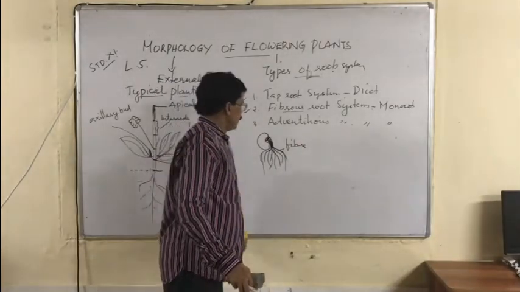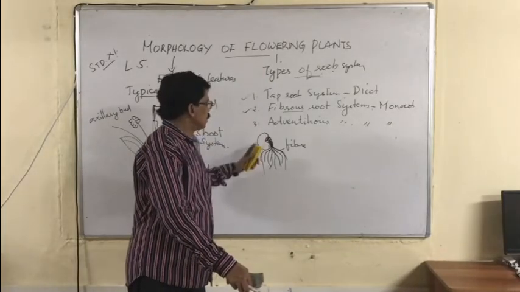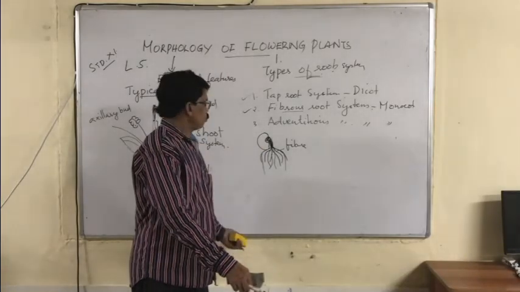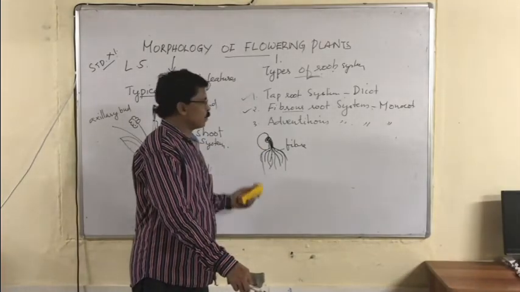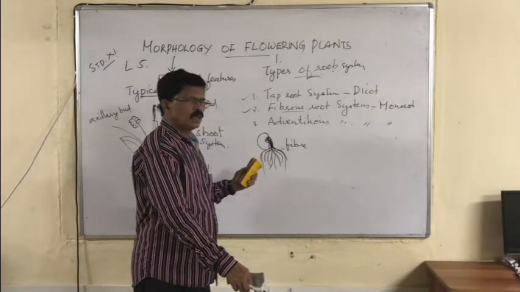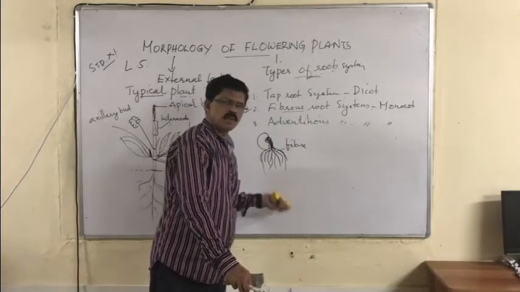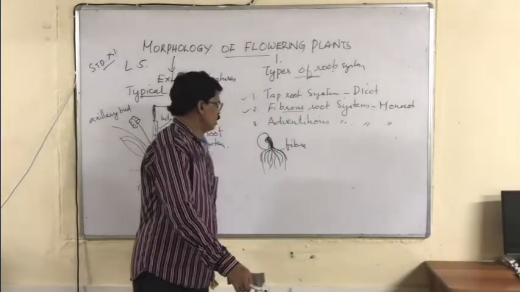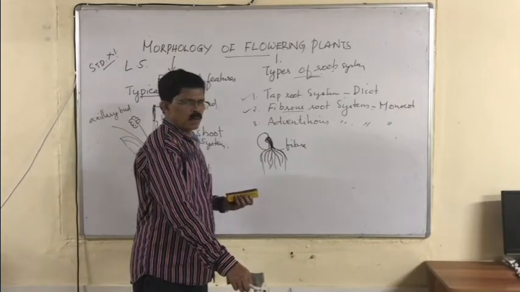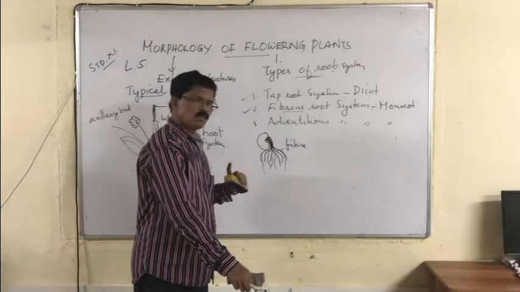So in monocots like grasses, the radicle stops growth. Now, from the root tip, what happens? A number of fiber-like roots develop. Such fiber-like roots are called the fibrous root system, which does not involve the radicle.